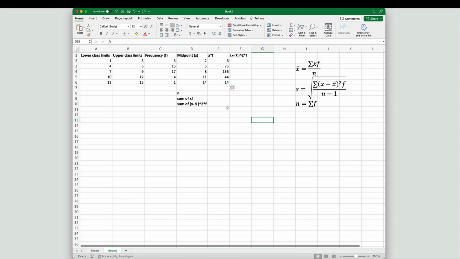Now let's figure out n, which is just the sum of my frequencies, the numbers in this column here. So we get 40. We also have to figure out the sum of x times f, which is the sum of these numbers here.